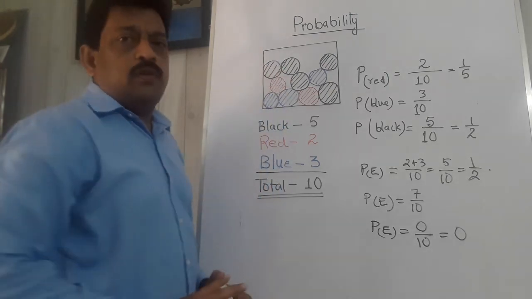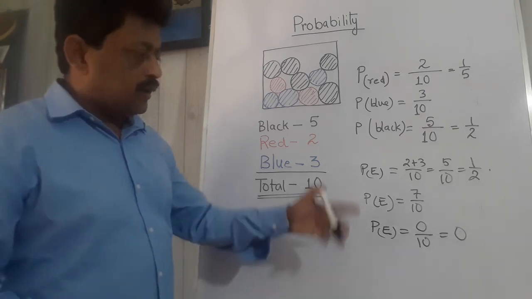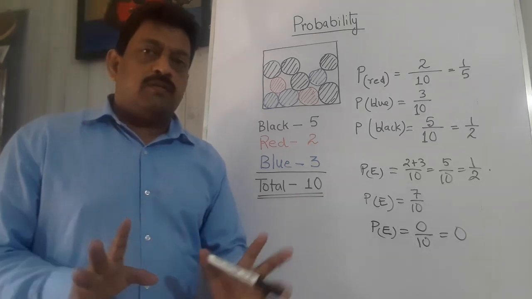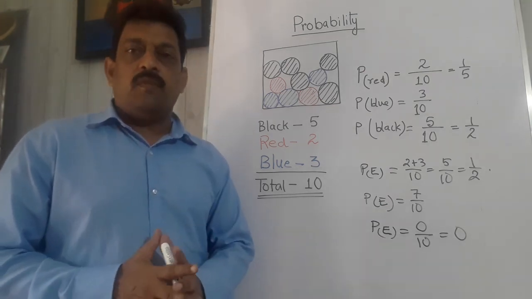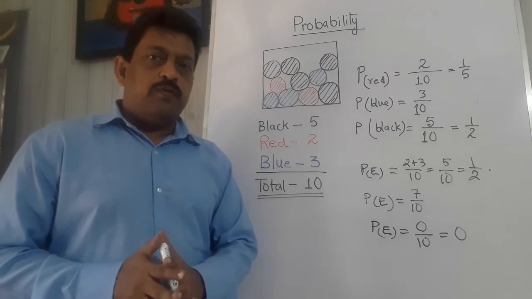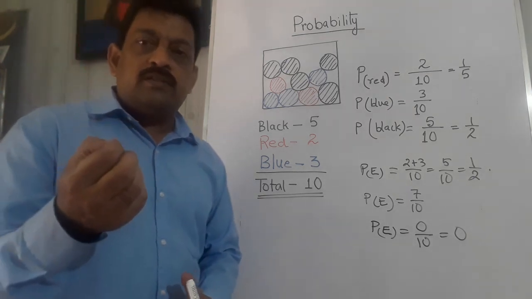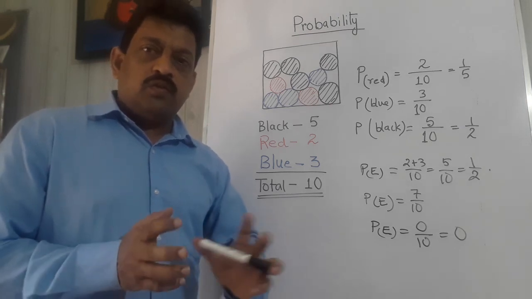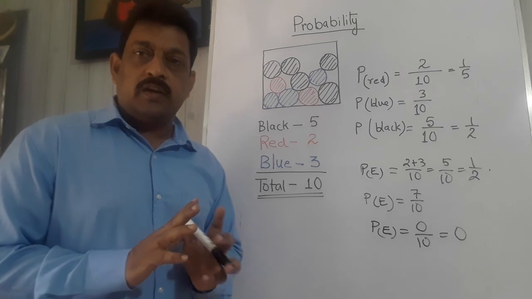So there is no such ball whose color is black and red. Therefore the favorable outcome is 0 and total outcome is 10. So answer is 0. Hope you have understood this trick. This type of very small trick is there in the language of the question. You must be very careful before answering the question.